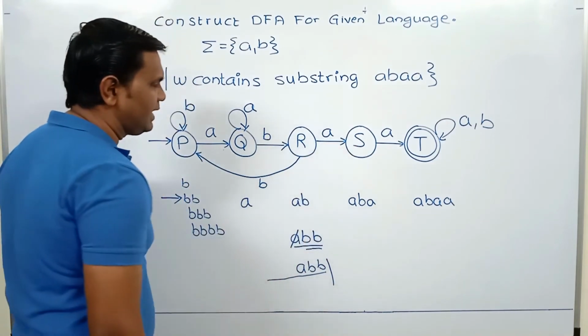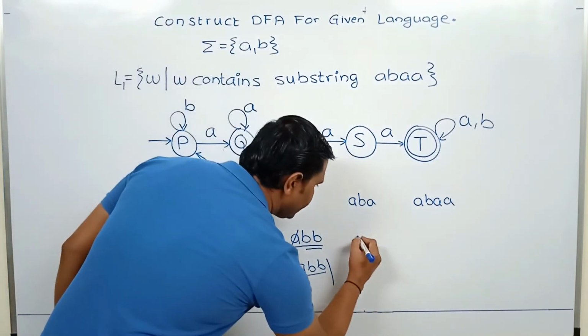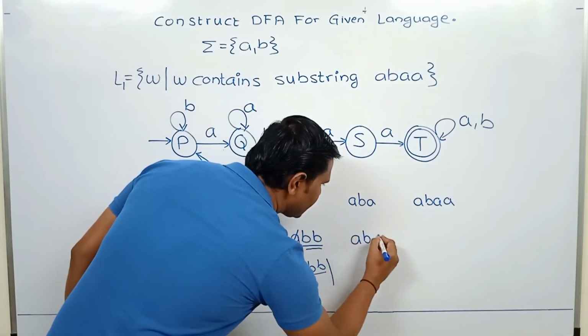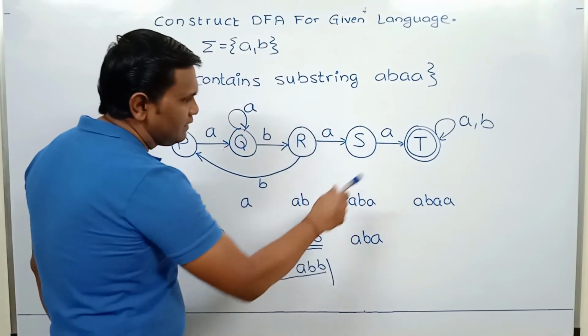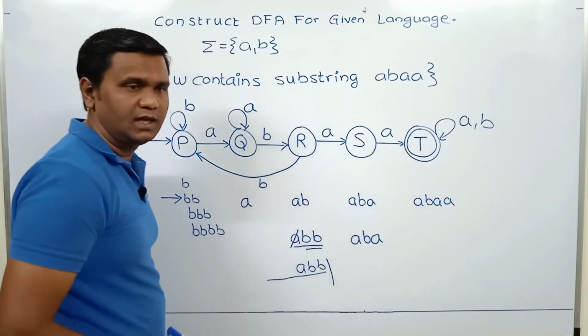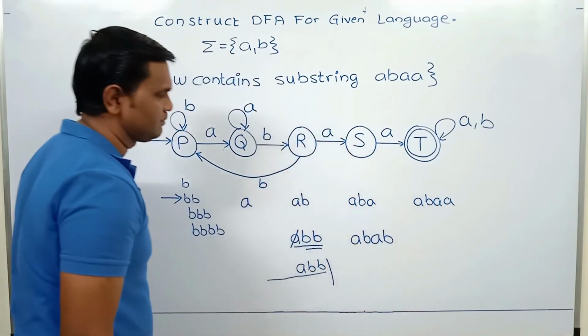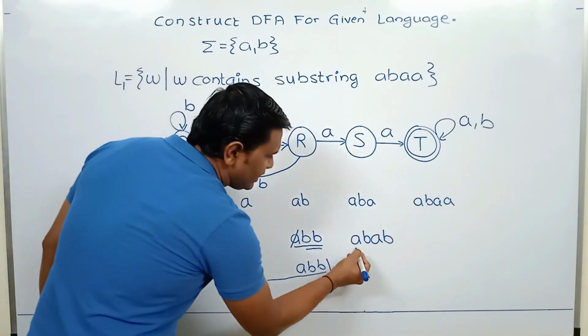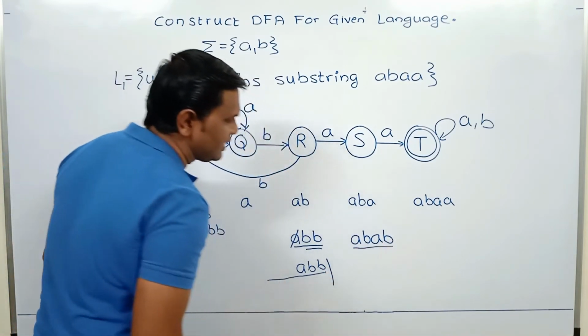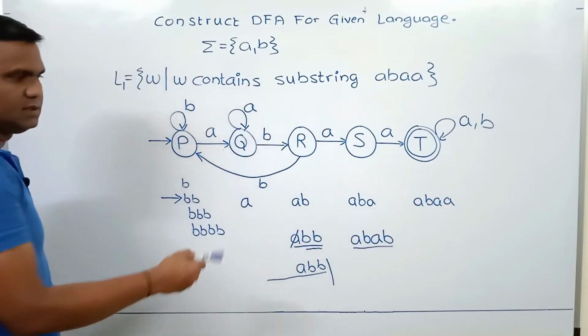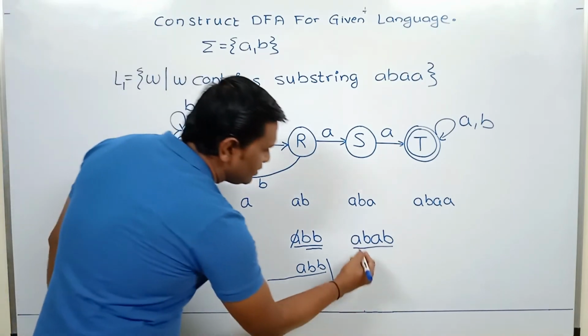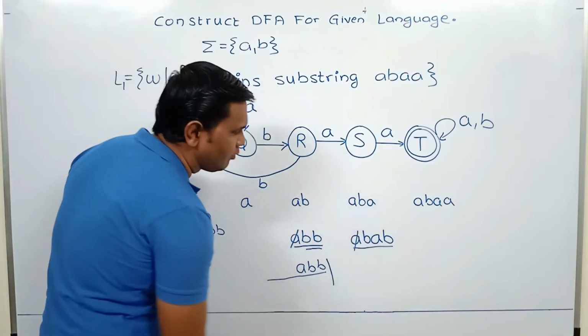Now coming to state S. In state S, the last three symbols are ABA. If A comes, we go to state T. But what to do if B comes? So let's check, is there any state which remembers ABAB? There is no such state. From the left we remove one symbol.